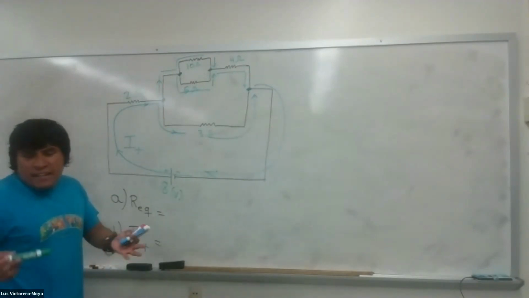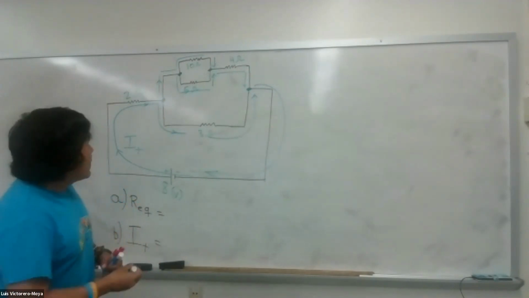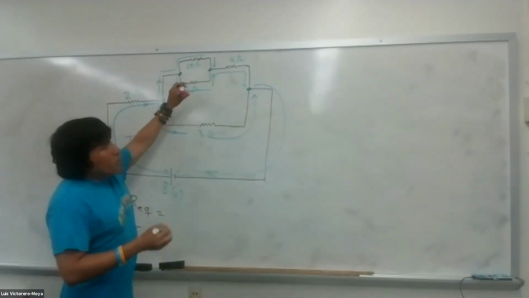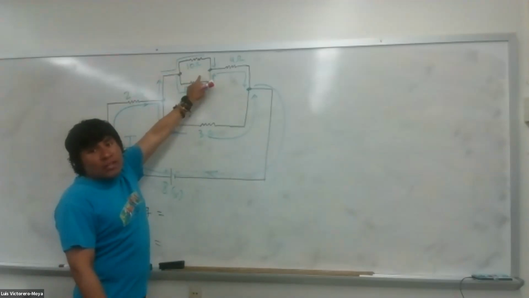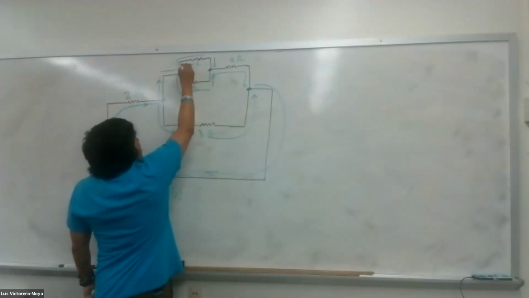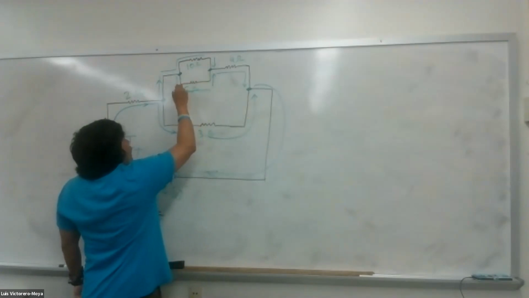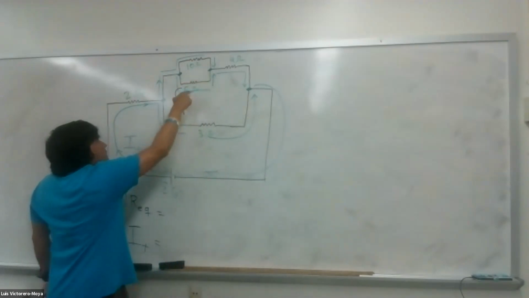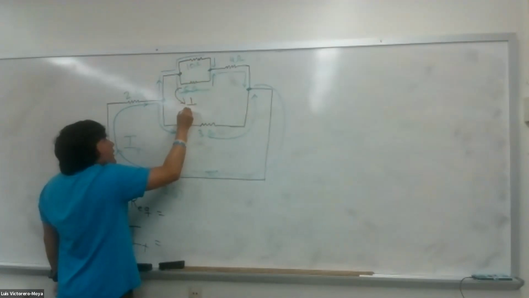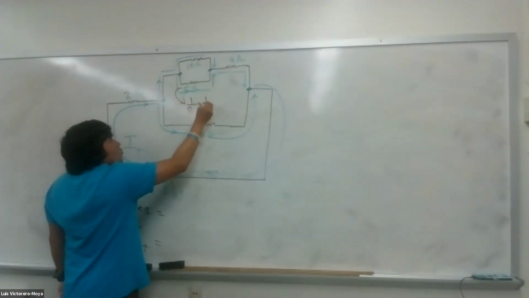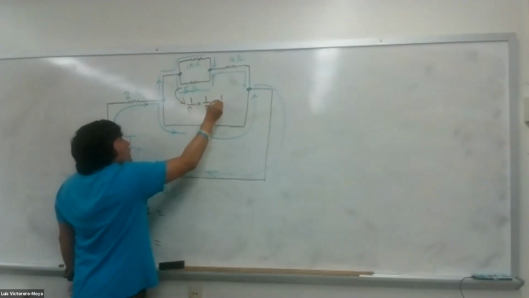The equivalent resistance is the easy part, right? Just do series and parallel. So we go from the inside to the outside. So the first thing will be to deal with this loop. For this loop here, they are in parallel, 5 and 10. 1 over R equals 1 over 5 plus 1 over 10.